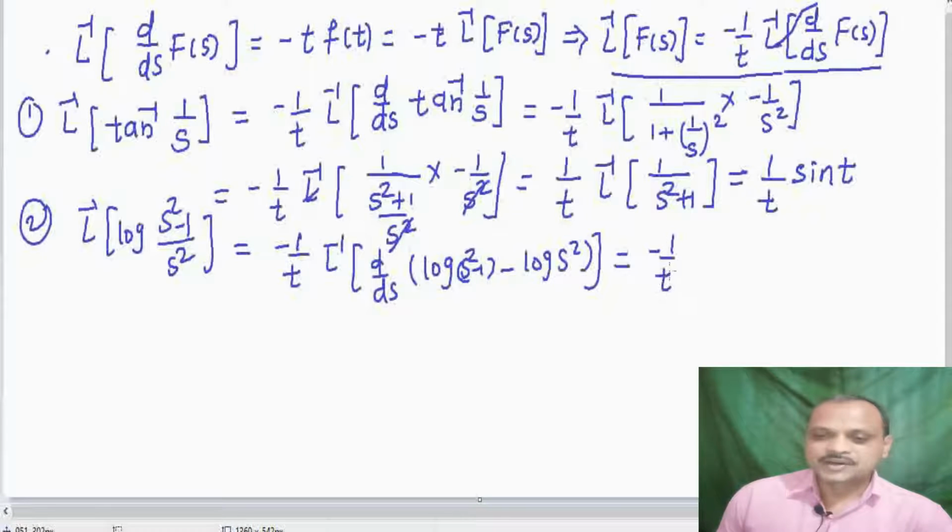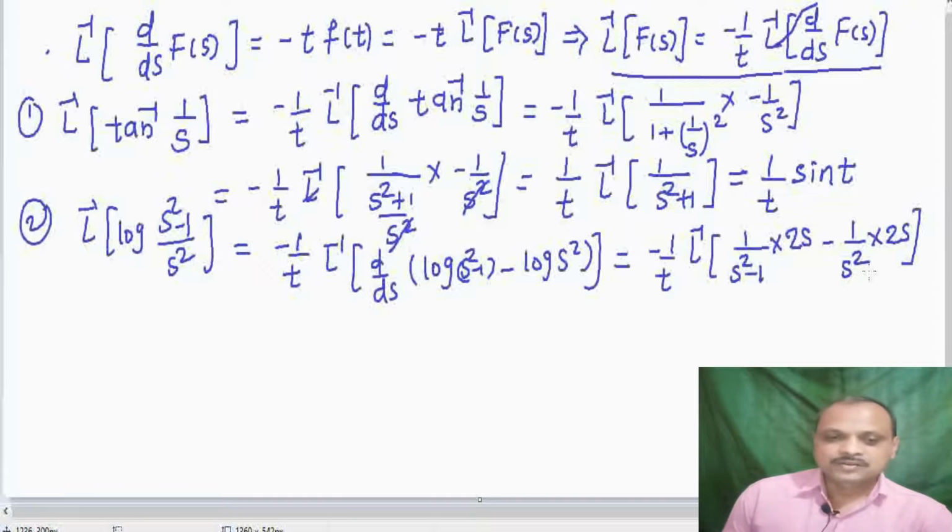minus 1 by t into L inverse of the derivative of this. Log of s square minus 1 gives 1 divided by s square minus 1 into the derivative of s square, that is 2s, minus 1 divided by s square into the derivative of s square, which is 2s.